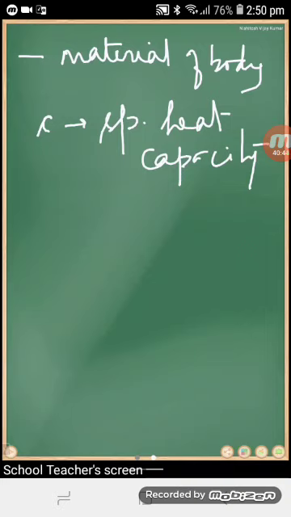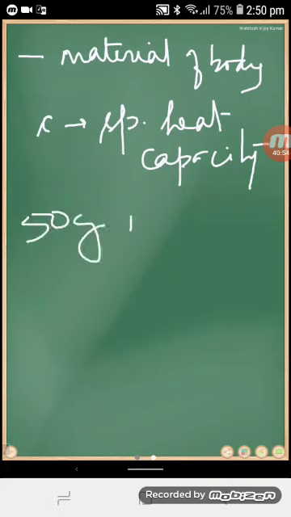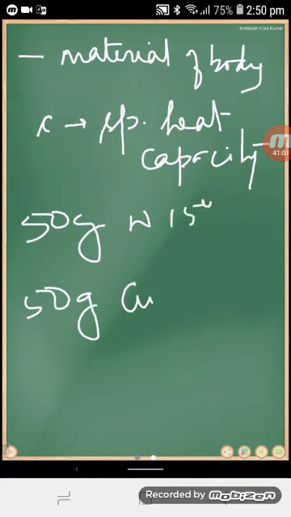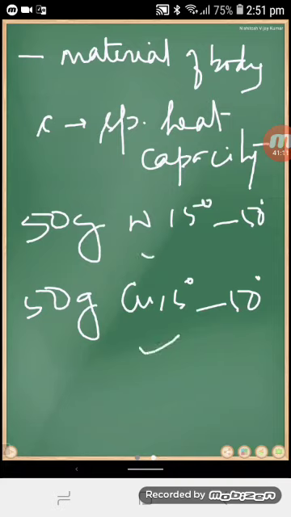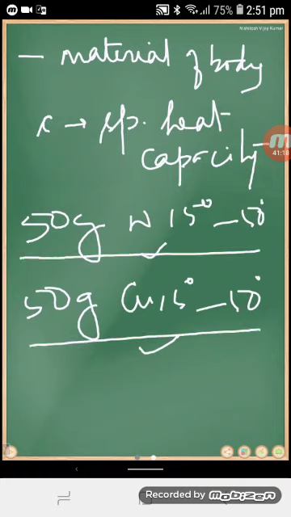If I take 50 grams of water and 50 grams of copper, and I increase the temperature from 15 degrees to 50 degrees, here also 15 degrees to 50 degrees, you will find this will get heated faster and this will take time to get heated up, which means that this is absorbing less heat and this is absorbing more heat.